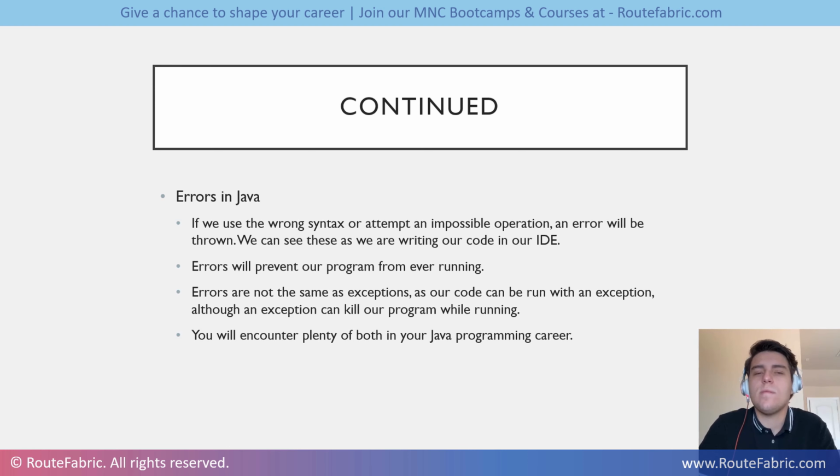To you, it might be obvious what you mean, but the computer's not going to assume that. It's going to do exactly what you tell it to do. You're going to encounter plenty of both errors and exceptions in your Java career, so don't be intimidated by them.